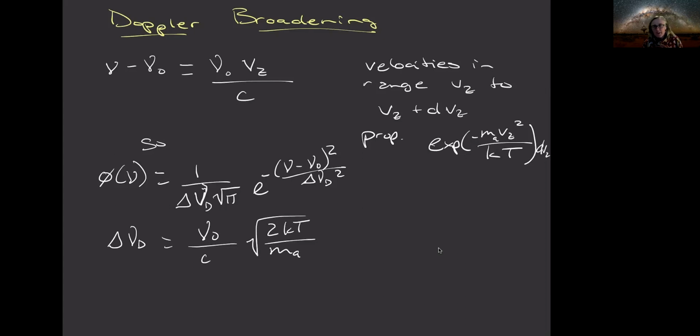So all this says is that a given atom may be emitting at a particular frequency, but if that atom is moving away from us, then it's Doppler shifted, or if it's moving towards us, it's Doppler shifted. And we have to consider the population of atoms and their movements as shifting that line just a little bit from one direction or another, and the distribution of how much it's shifted is set by the temperature of the gas, which distributes the velocities of those particular atoms.